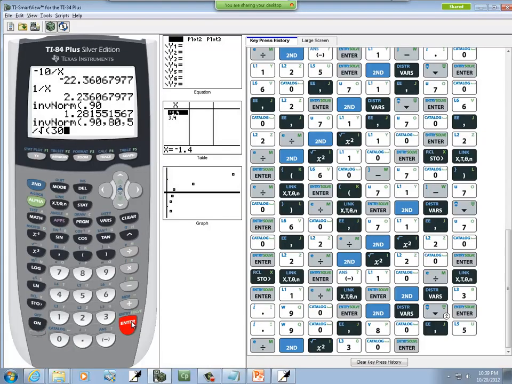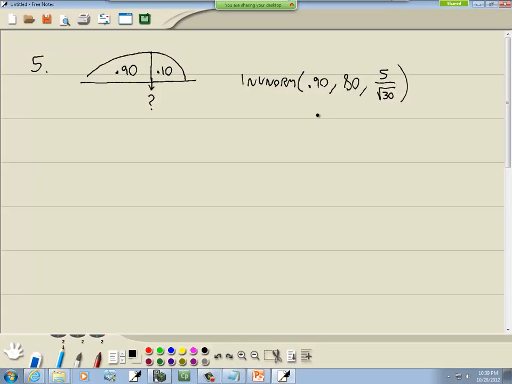Yeah, enter. And I'll take it to 2 decimal places, 81.17. So it's kind of the same as we did with invNorm before, except our standard deviation is the standard deviation divided by square root of n.